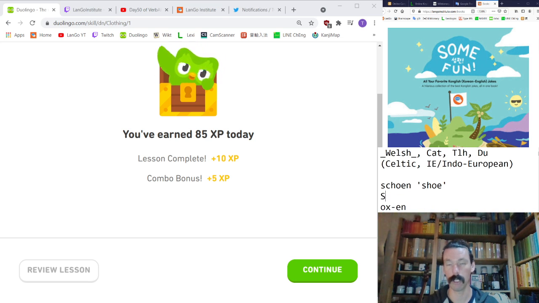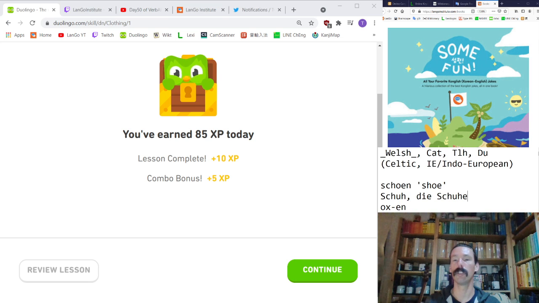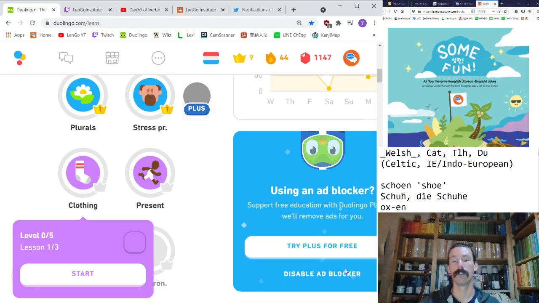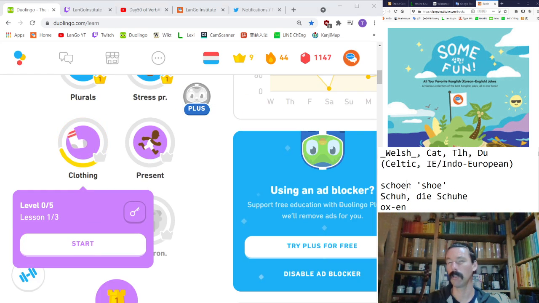German has der Schuh, die Schuhe. That's the nominative, and then the N shows up in other cases. So we could say these words are cognate, but they don't correspond in all their details.